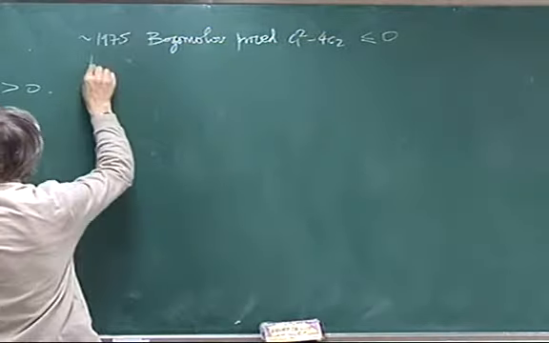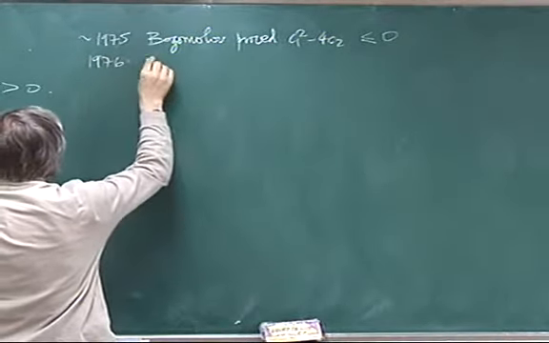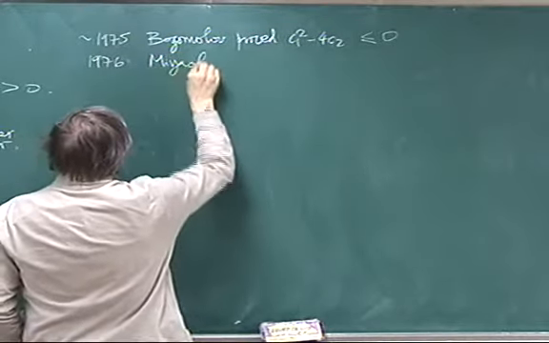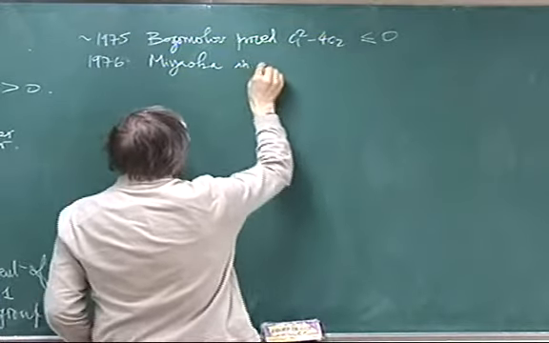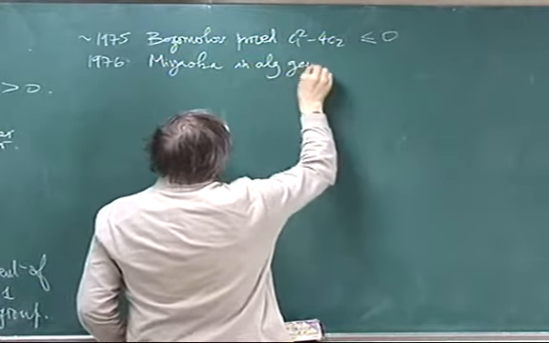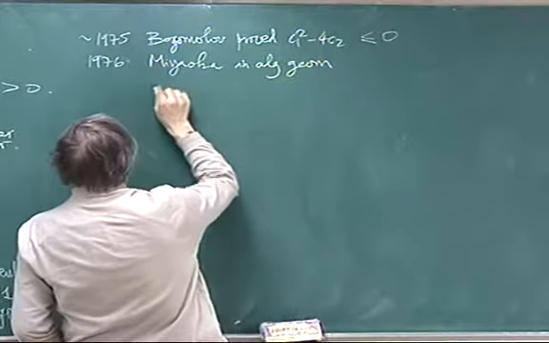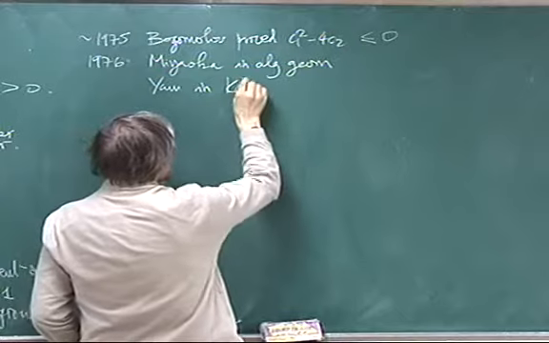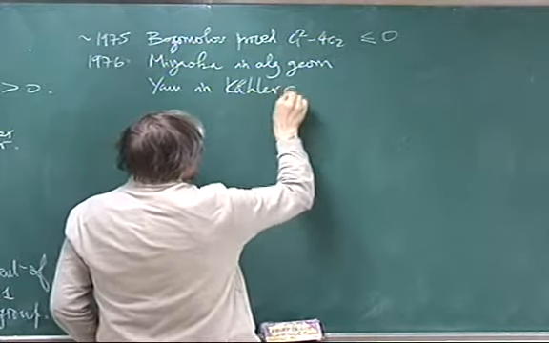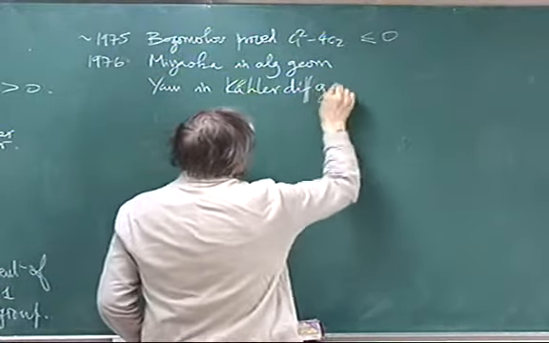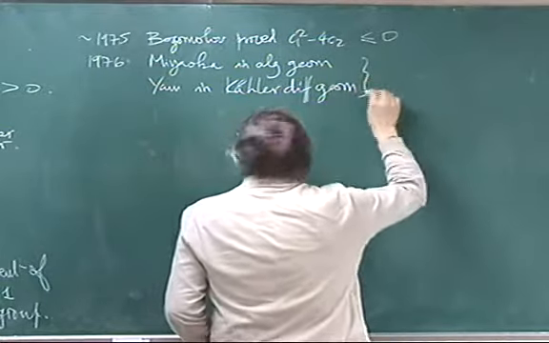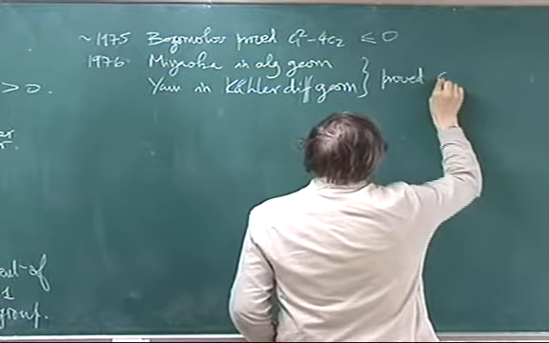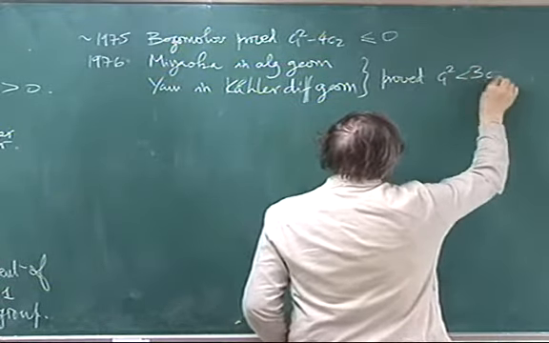And then in 1976, Miyaoka in algebraic geometry, and Yau in Kähler geometry, proved C1 squared less than 3C2.